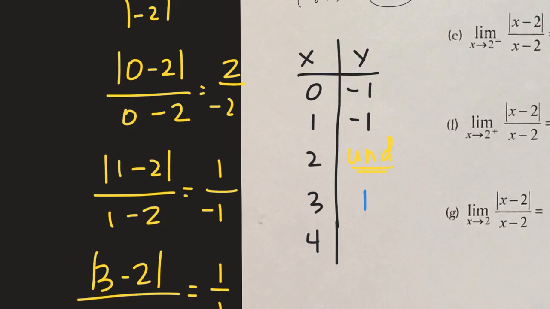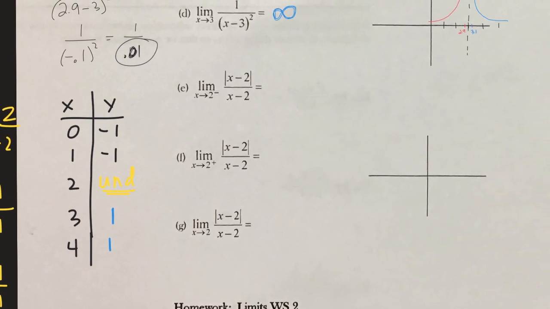Okay, and then 4 minus 2 over 4 minus 2 is 2 over 2, which is 1. So anytime we have this situation where we have an absolute value divided by itself without absolute value, we have two linear equations. One horizontal line through positive 1 and one horizontal line through negative 1 with an undefined value at 2.